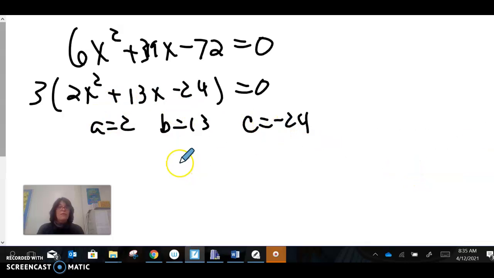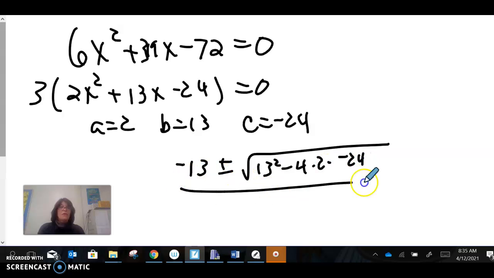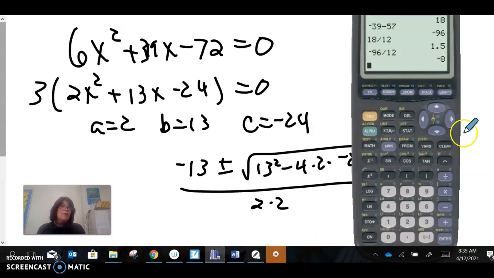Maybe they use the quadratic formula with that. Opposite of b plus or minus the square root of b squared minus 4 times a times c all over 2a. Okay, so they took 13 squared. We already did that, but whatever. 13 squared minus 4 times 2 times negative 24.